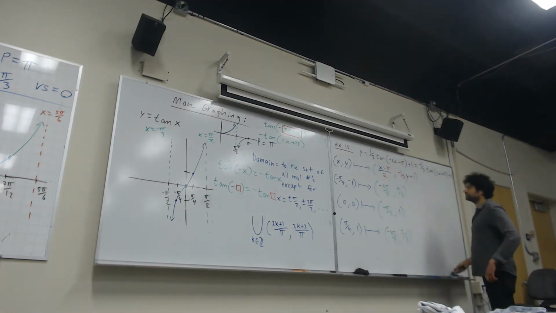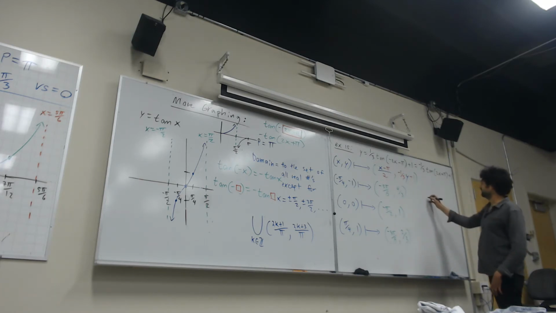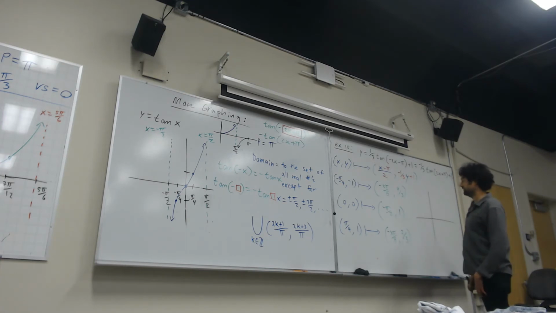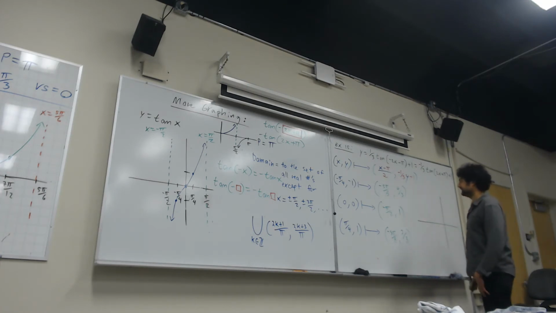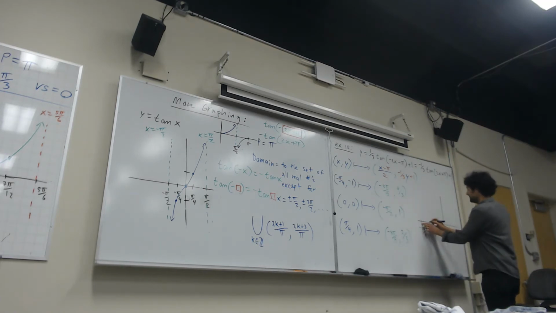Okay, so let's get these points down. We're not using the grid, okay? All these are negative. Negative 5 pi over 8. And then we've got negative pi over 2. Remember, they're the same distance apart.